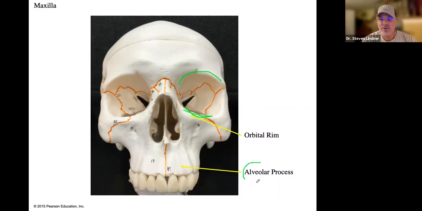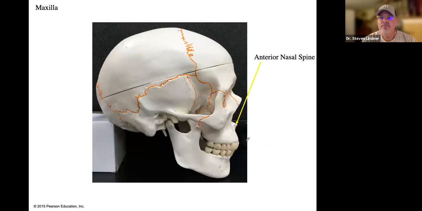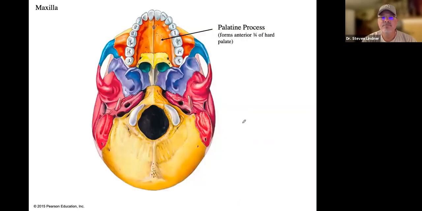Here's the alveolar process, which is part of the maxilla, which is the upper jaw. Here's your anterior nasal spine. When we look at the maxilla from the inferior perspective, we're looking at the upper jaw.